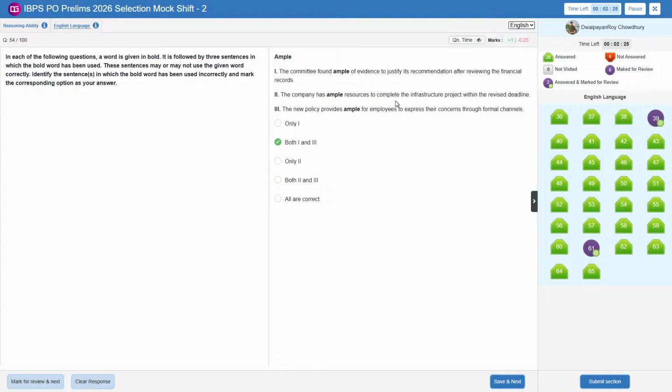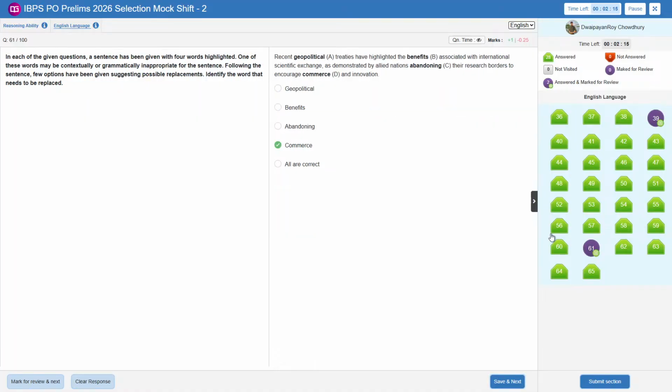I think ample evidence. Not ample of evidence, that's not natural. And hinder, lucid, deteriorate. Okay. Recent geopolitical treaties have highlighted the benefits. Okay, I will just go with commerce here.